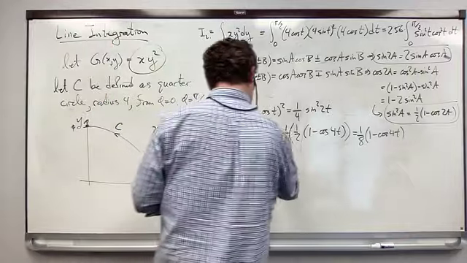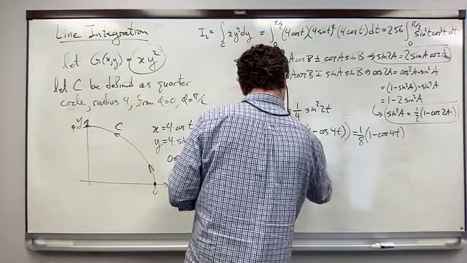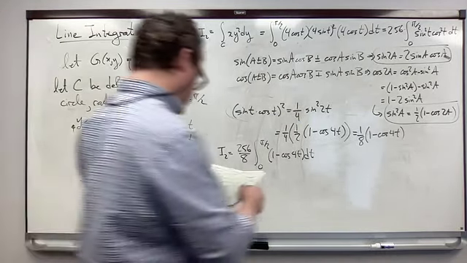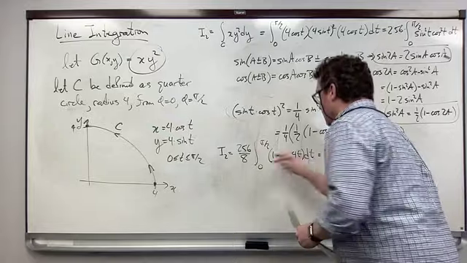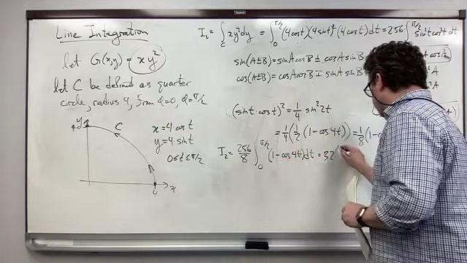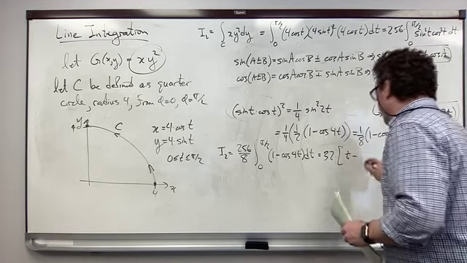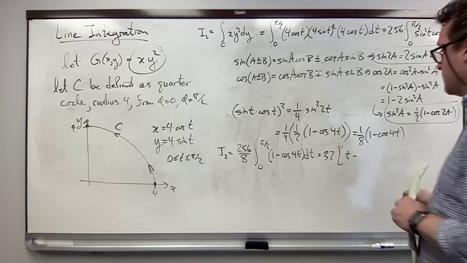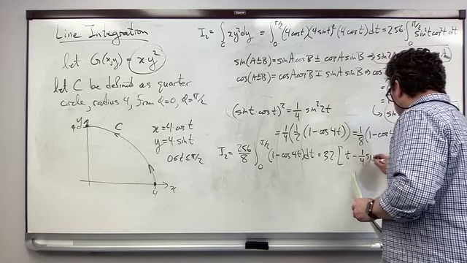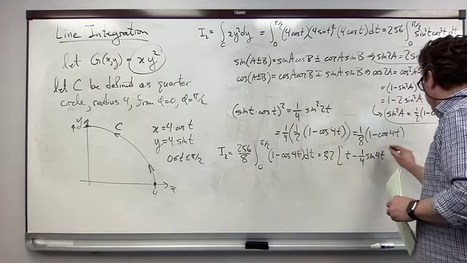Now I have 1 minus cos 4t dt. So this thing, now we can do this. This is 32. And then we have this, so that's just t. And then we have minus, the antiderivative of cosine is sine, with the chain rule, so this becomes 1/4 sine 4t. That would be the antiderivative of the cos term.